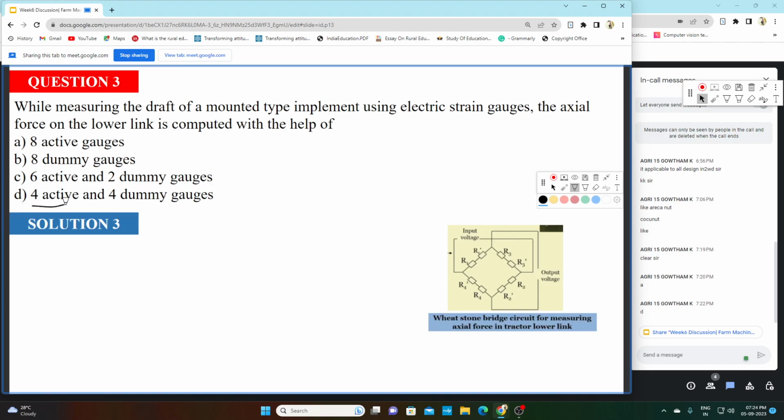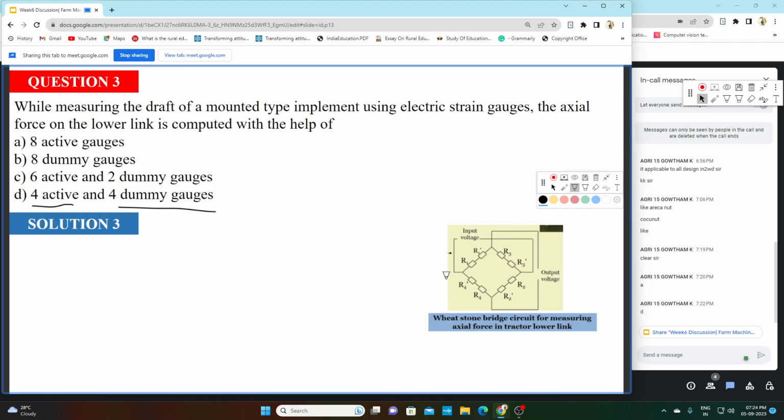For 4 active strain gauges, we use 4 dummy gauges. Why do we use 4 dummy gauges? Because they serve as a regulation or control for the strain gauges. Due to vibration and other kinds of forces, the readings of the strain gauges can differ a little.